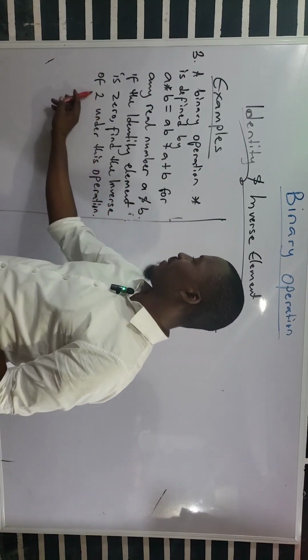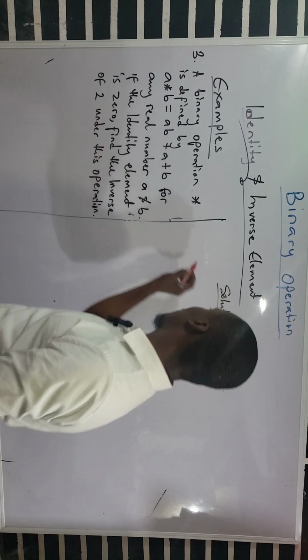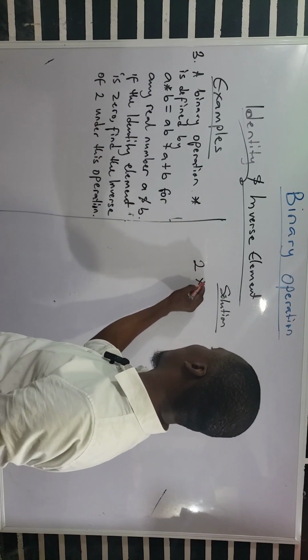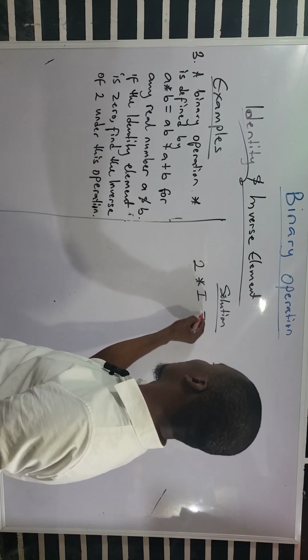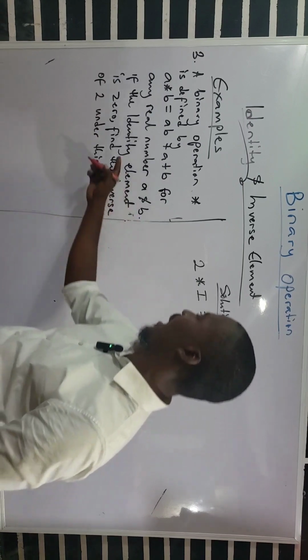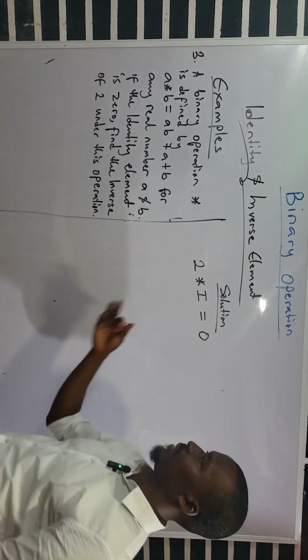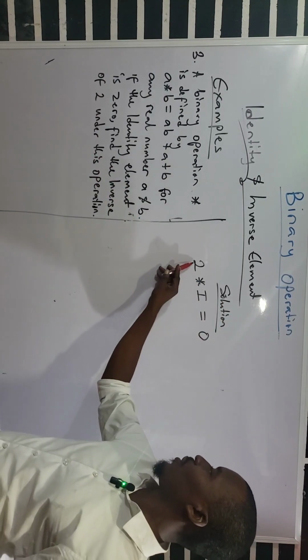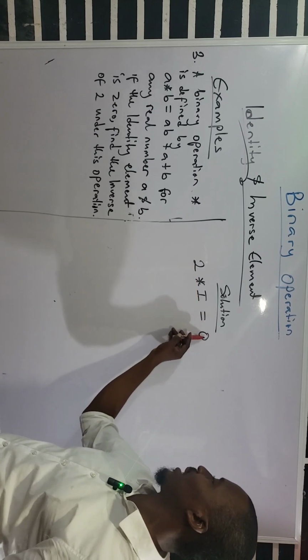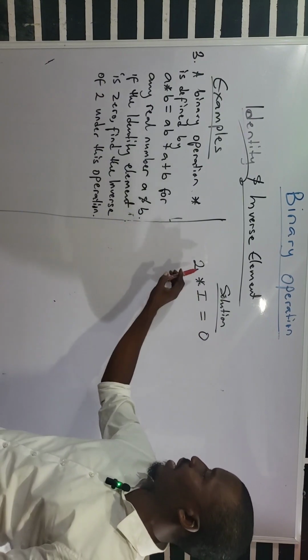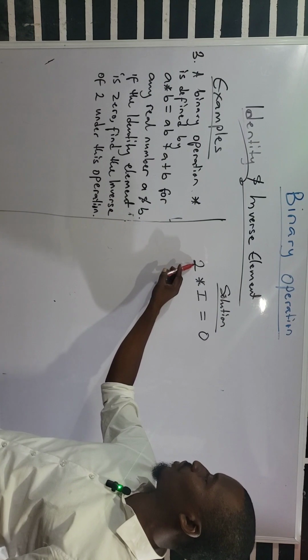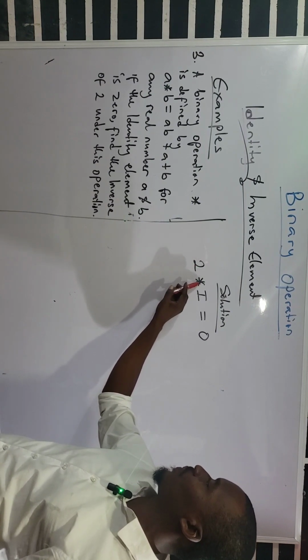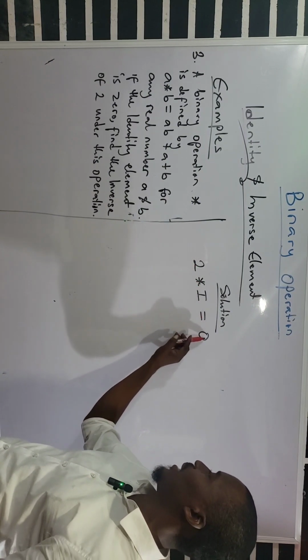We are looking for the inverse of 2. So if we have 2 binary our inverse, it will give us 0, which is the identity. We have done this in the previous examples. When you combine an element with the inverse, you get the identity. So 2 binary the inverse will give you the identity.